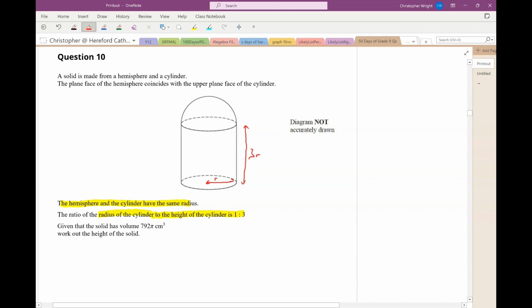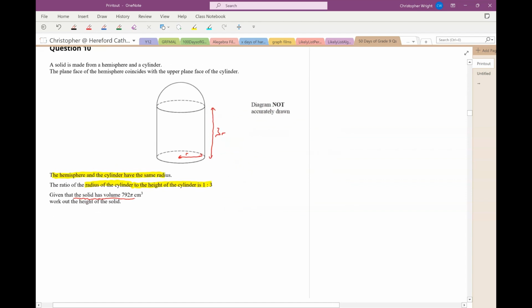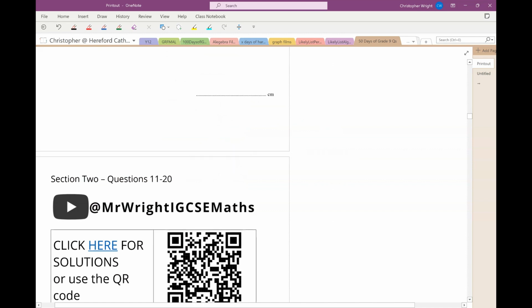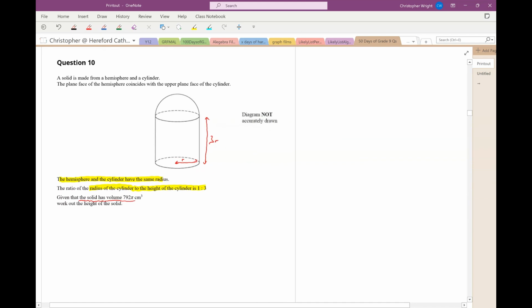Given that the solid has a volume of that, let's write an expression for the volume of the solid. The volume of the solid will be the volume of the cylinder, which is pi r squared h, plus the volume of the hemisphere. The volume of a whole sphere is 4/3 pi r cubed. We've only got half of it here, so I'll multiply that by half.